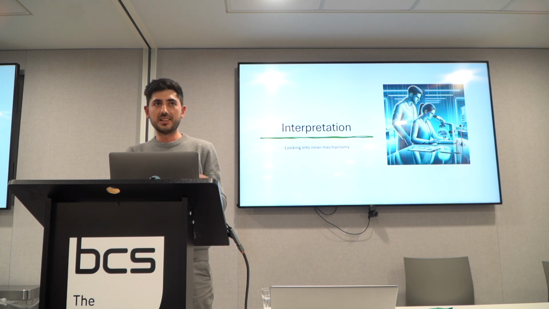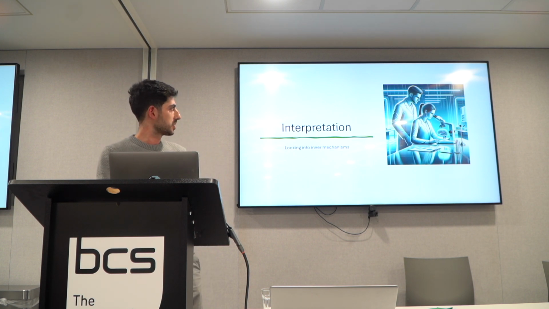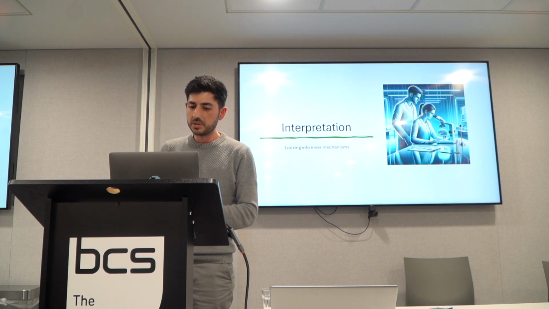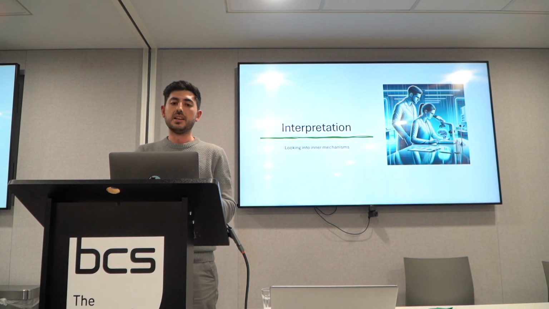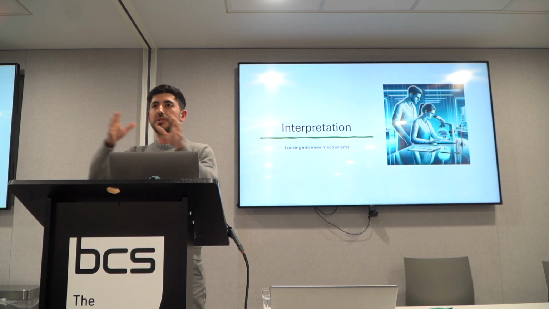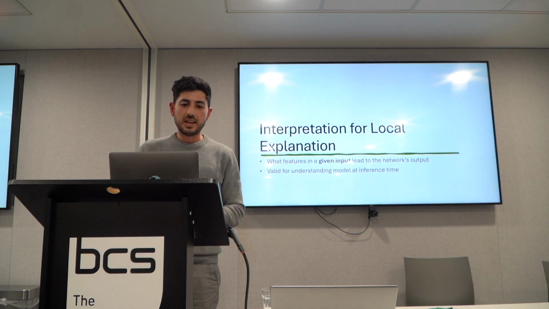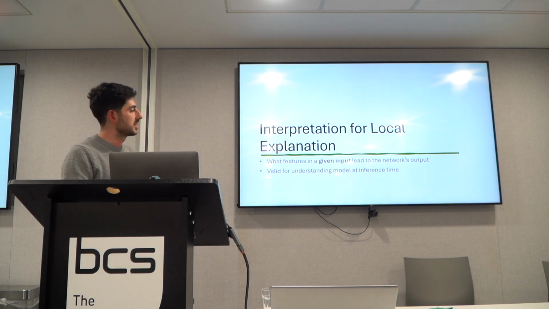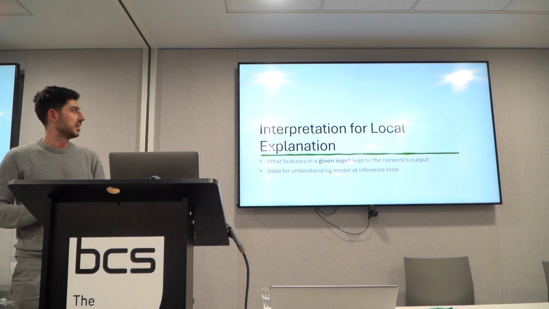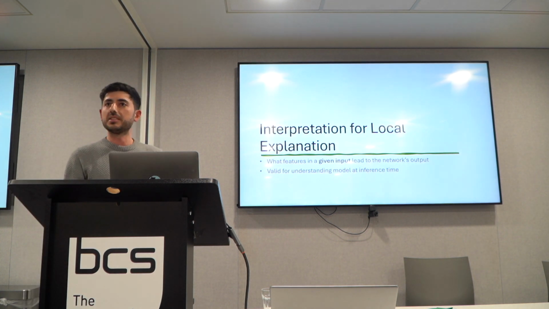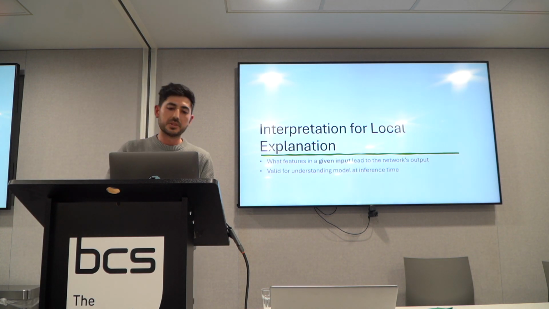Now we get to the second line of evaluations, which was interpretation, looking into the models, which is something I was mostly doing for my PhD. From evaluations you look at the behavior from outside; with interpretation, you look inside the model. Something I did extensively in the old days was interpretation for local explanations. There is some terminology here, like explanation versus interpretation.